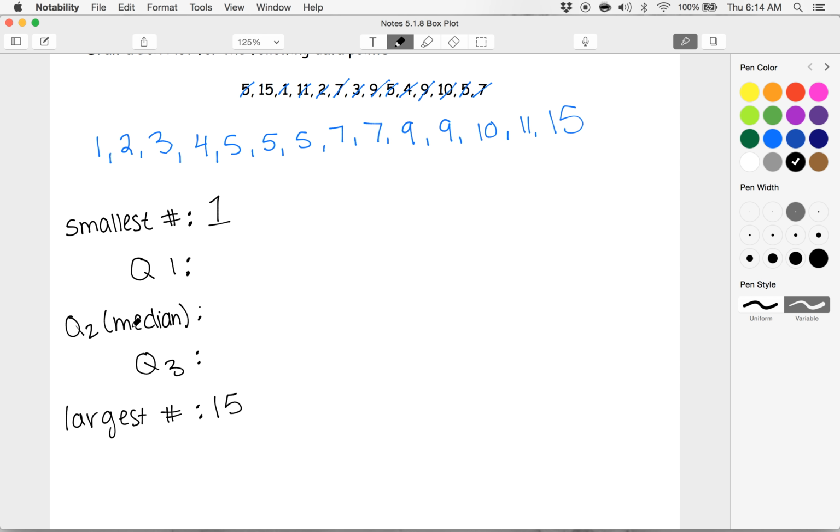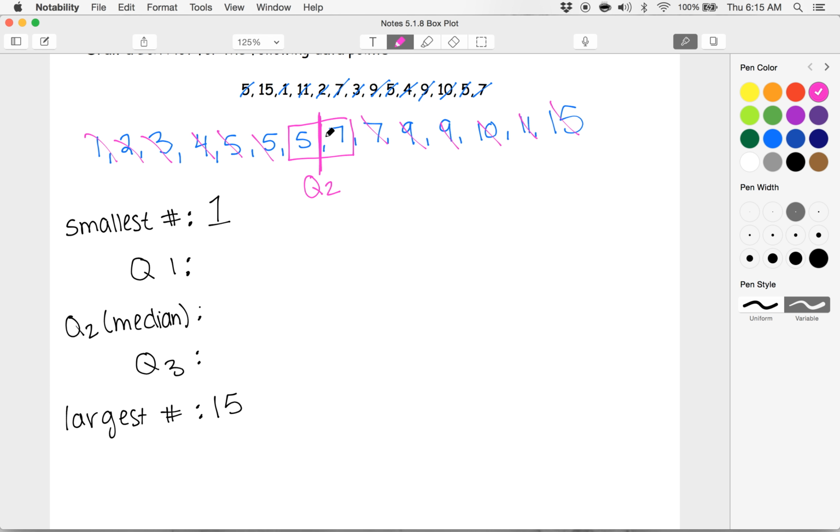All right, I need the quartiles, which means I need to find the middle. So here we go, crossing out to find where the middle is in this data set. I get stuck between 2 numbers. So right here, quartile 2 is going to be right in the middle, but I have to figure out what that is.